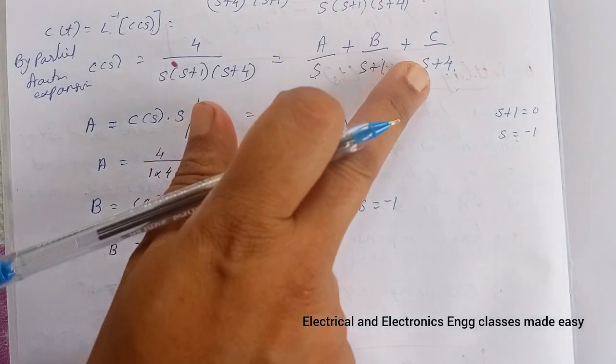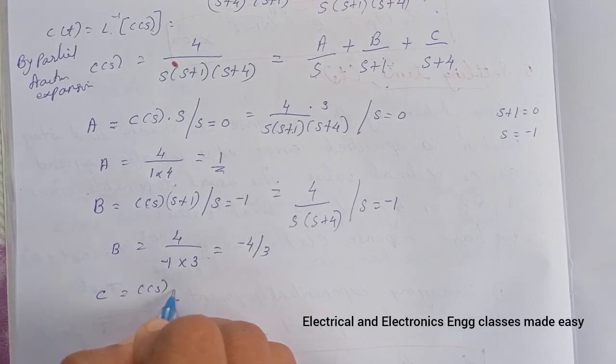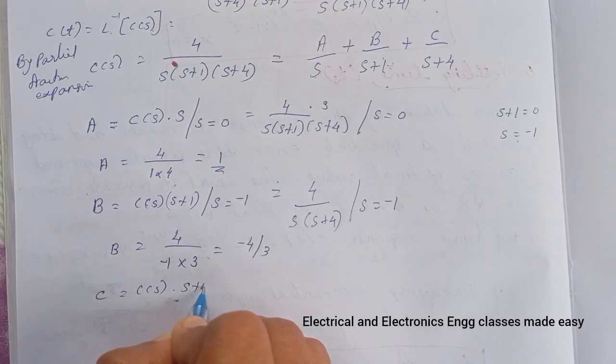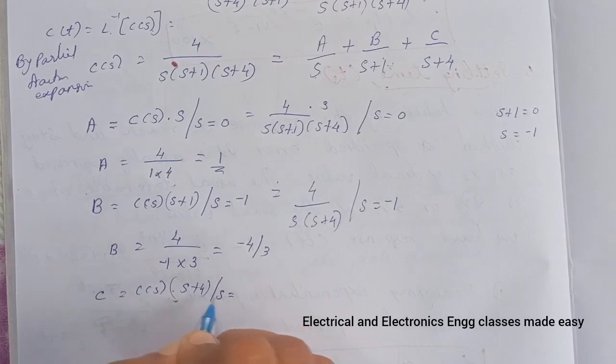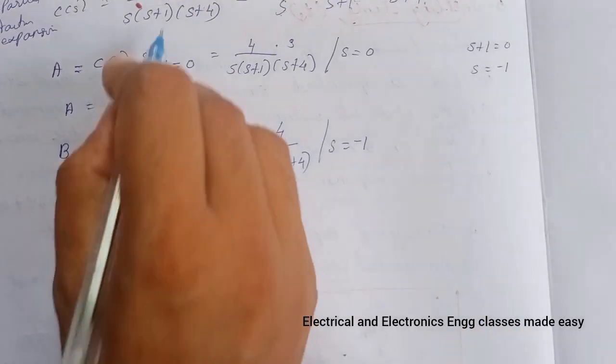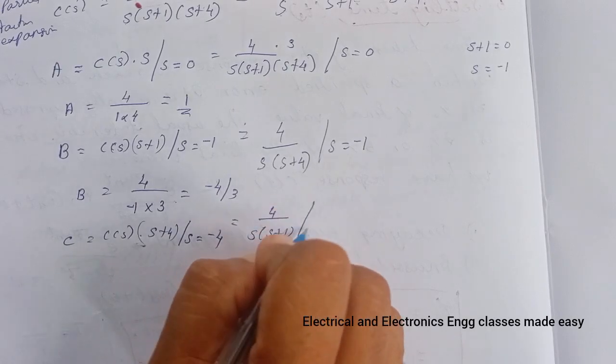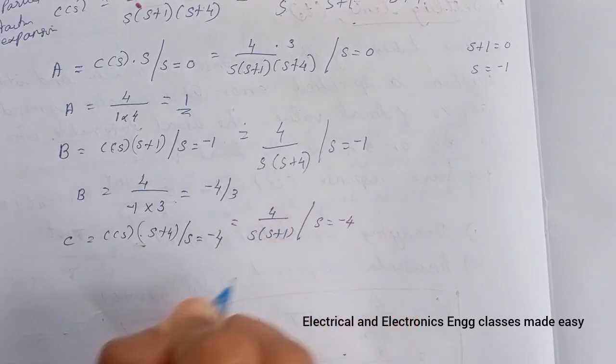Now we have to find the value of C in this way. That is, C is equal to C(s) into (s plus 4) at s equal to minus 4. That is, here (s plus 4) gets cancelled. So the remaining is 4 divided by s into (s plus 1) at s equal to minus 4.